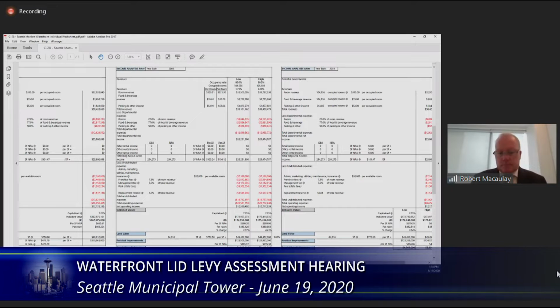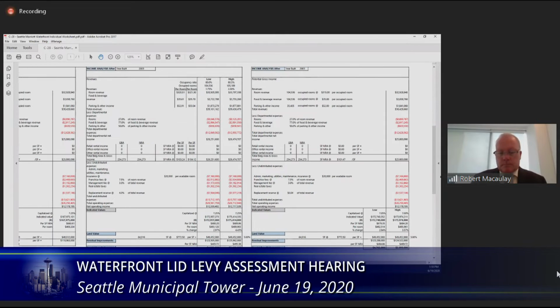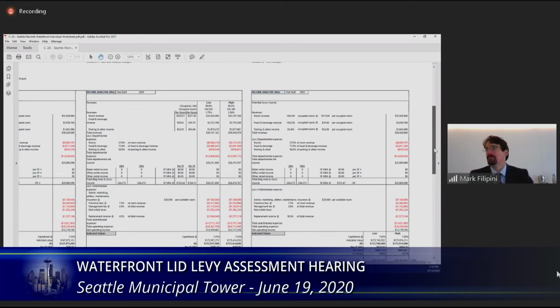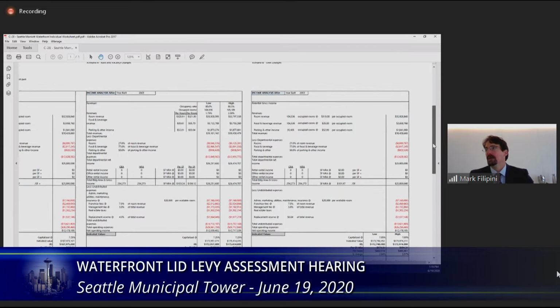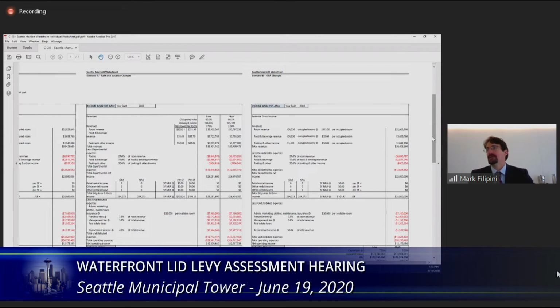Correct. Okay, and then let's segue to the final column on this spreadsheet in the far right, entitled Scenario B-OAR Changes. And what's happening in this section of the worksheet? Yeah, in this section of the worksheet, all of the revenue and net operating income is the same as the before condition.